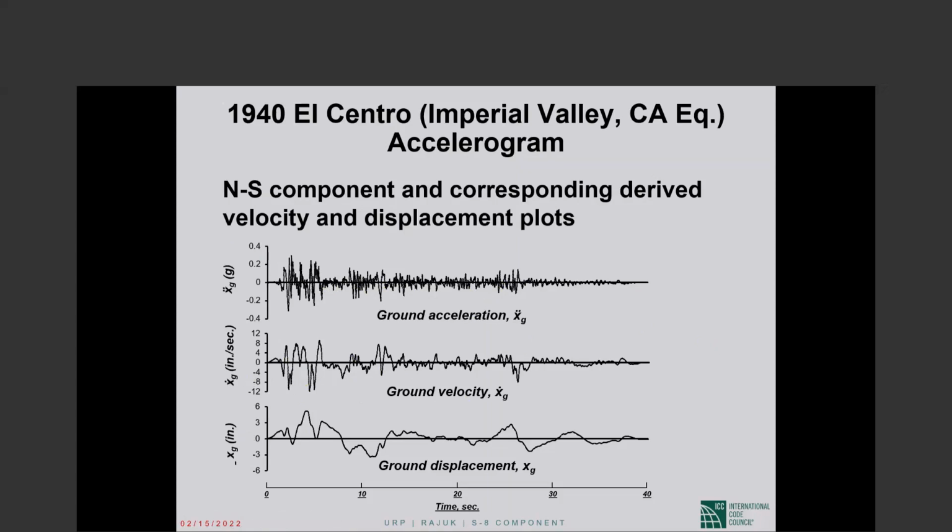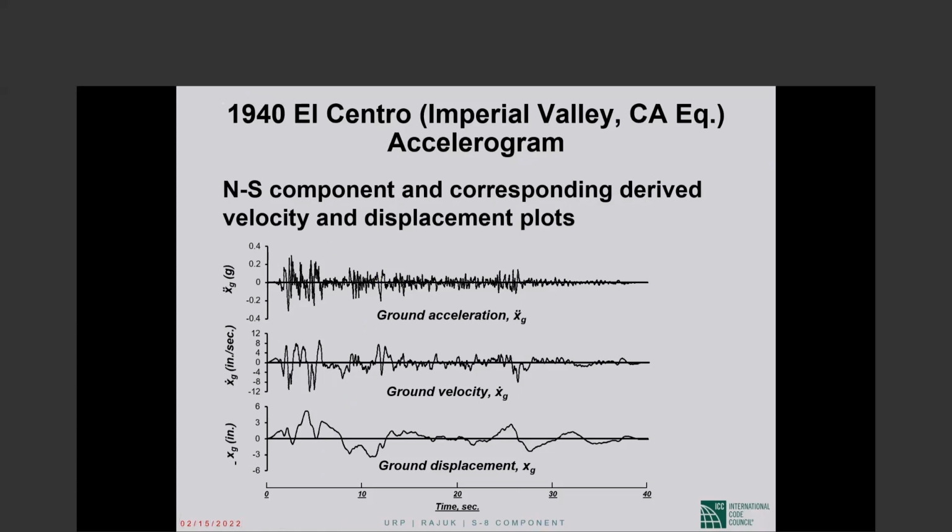Now the time between two zero crossings is longer than in the acceleration plot. The agencies would also integrate this history of velocities with respect to time, obtaining a trace of ground displacements. This ground displacement plot is downright ponderous. The period is long. If you compare this with that, it's a huge contrast.